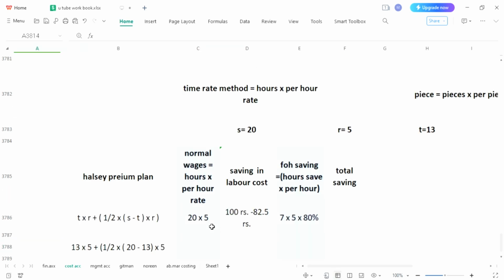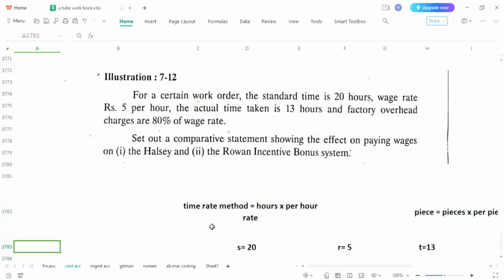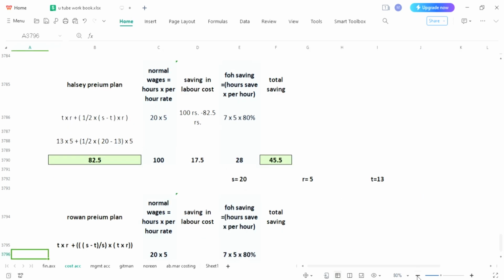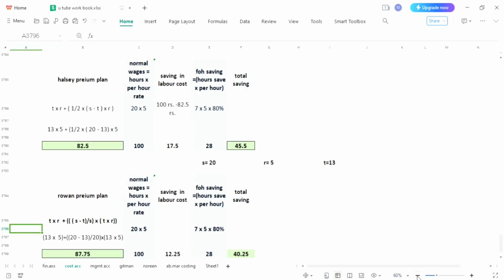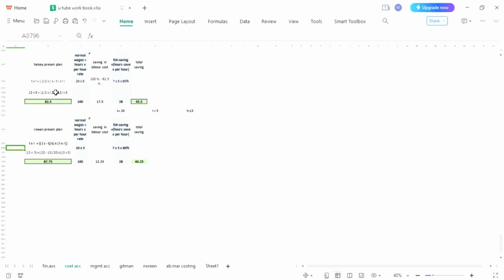And let's go back to the question. This was our illustration and discussion about this illustration has been completed. I will let you view it in this way. So right now what you have done, you have chosen two methods. This is your Halsey method above and this is your Rowan method downward.